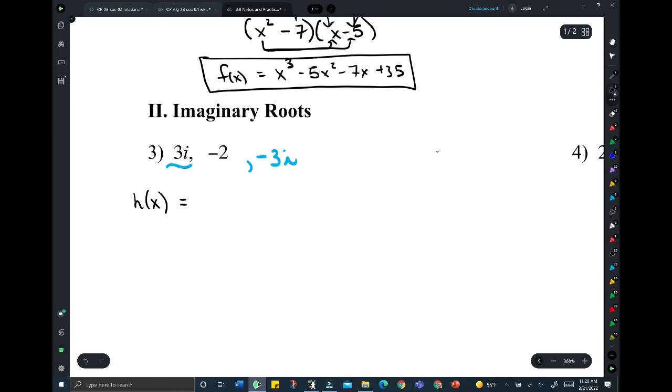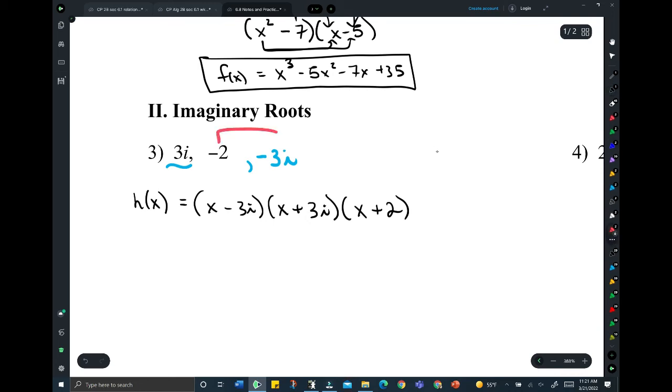We'll name this function h, and making our zeros, we would have x minus 3i, x plus 3i, and we also have x plus 2. Be careful, again, factors are always opposite signs. Maybe write that for yourself.